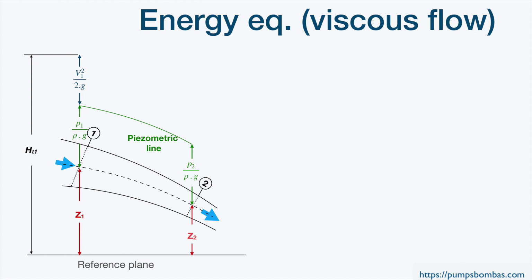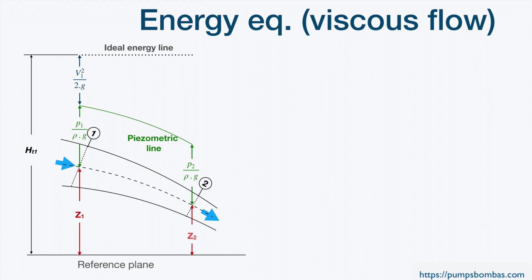For ideal flows, with no pressure losses, no energy losses, what would be the energy at section 2? If we don't have energy losses, the same level as in section 1. This would be the ideal energy line. But do you think that we will follow this ideal energy line for real flows? Of course not, because we have energy losses, we have pressure losses.